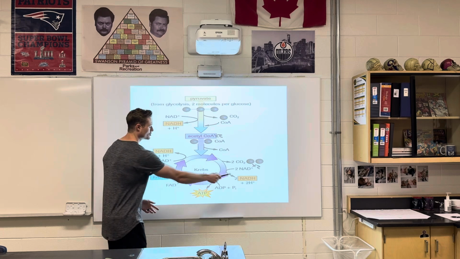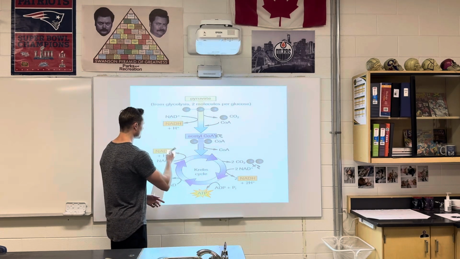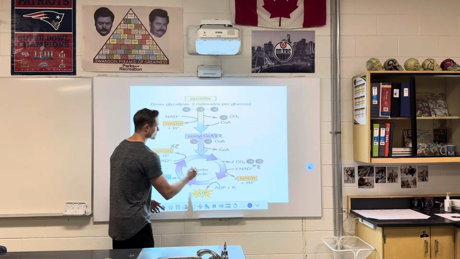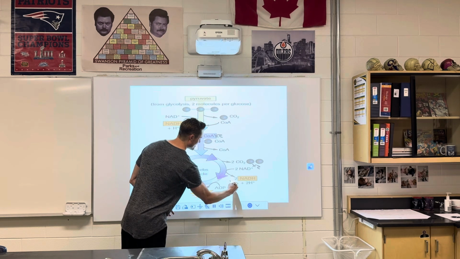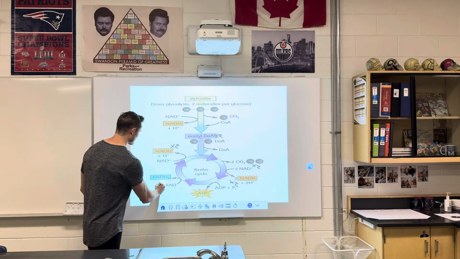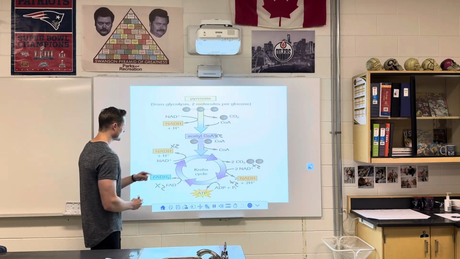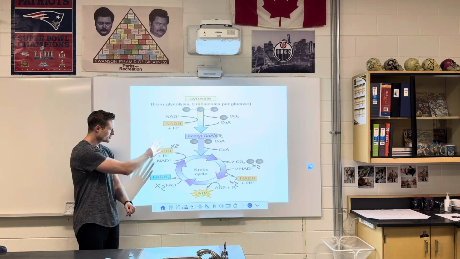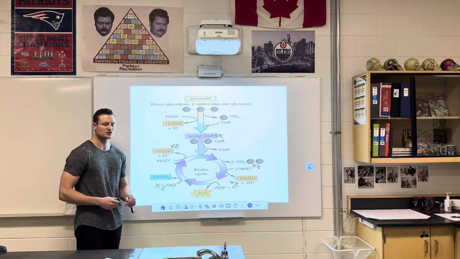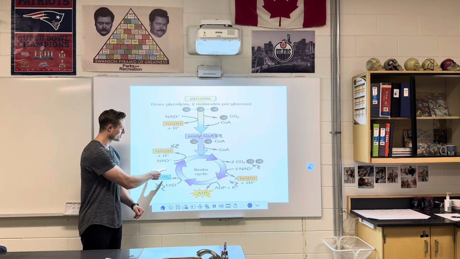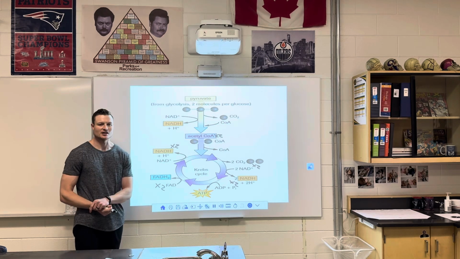Okay, we're going to make 2 NADHs here, 1 NADH up here, for a grand total of 6 NADHs. And we're also going to make 2 FADH2s, which is similar to NADH. They're both electron carriers. It just has a little bit of a lower energy than the NADH does.